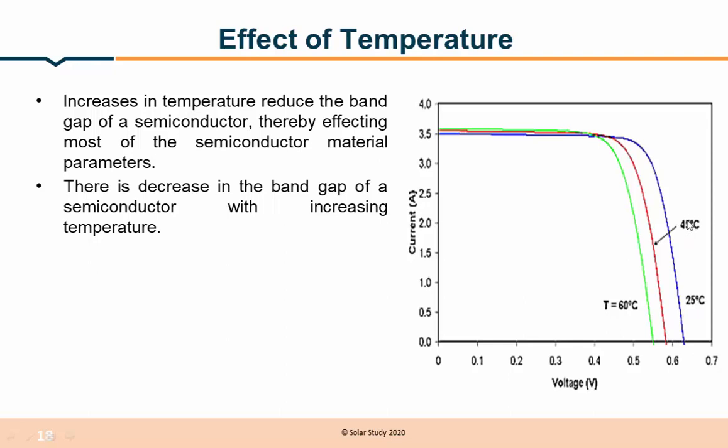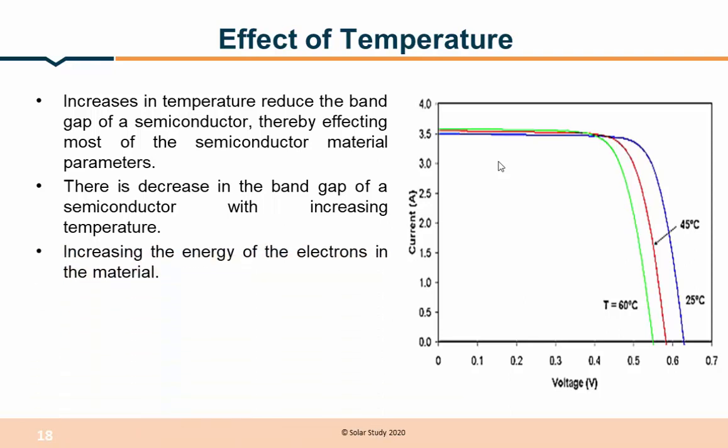When it reaches 45 degrees it is less than 0.6. When temperature reaches 60 degrees it is almost between 0.5 and 0.6 volts. And we can also see the current value is slightly increasing. So as temperature increases, voltage decreases and current increases slightly, a little bit.